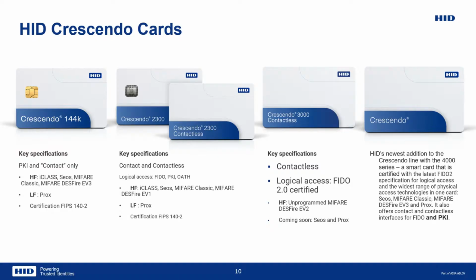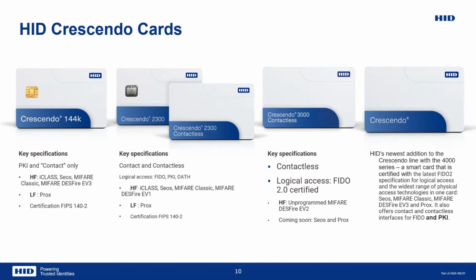But even among HID's card offerings, there's a lot of variety. For physical access control, there's both high frequency and low frequency. When you're approaching a customer and trying to figure out what credential is right for them, you have to start thinking of the uses of that credential.